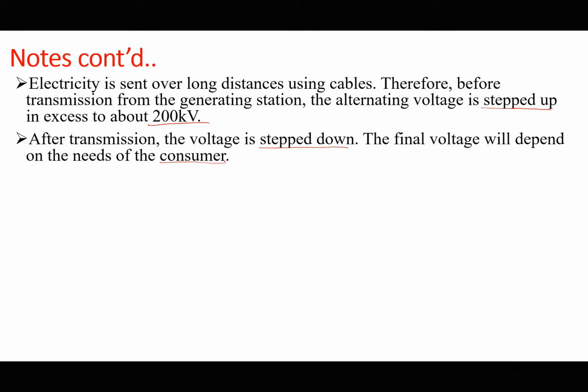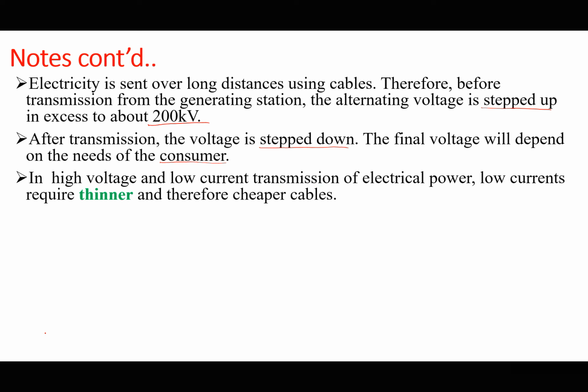If the consumer is a smallholder consumer, the voltage is stepped down to a certain value. If the consumer is an industry, the value is stepped down but to a relatively higher value than that of an ordinary consumer. In high voltage and low current transmission of electrical power, low currents will also require thinner and therefore cheaper cables.